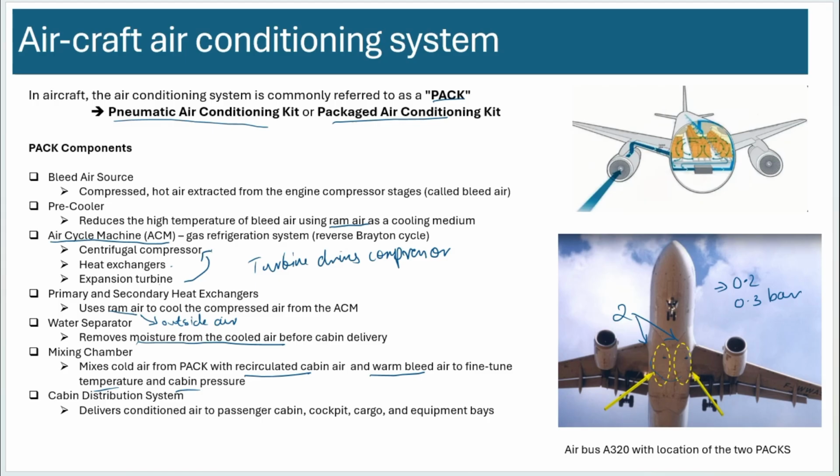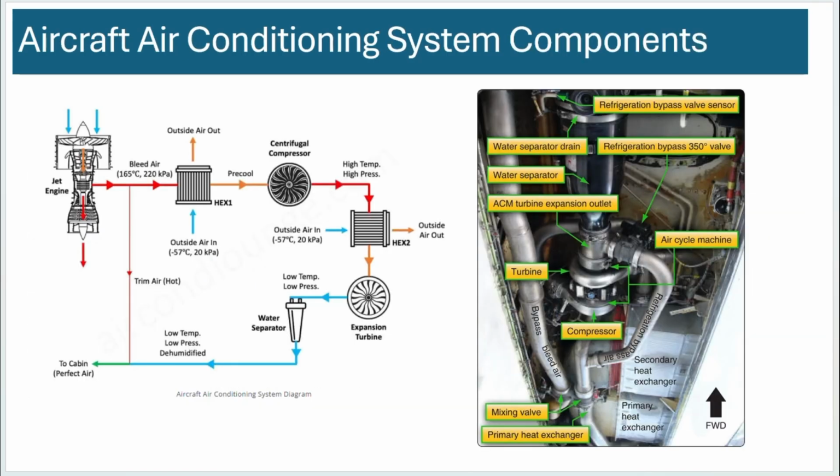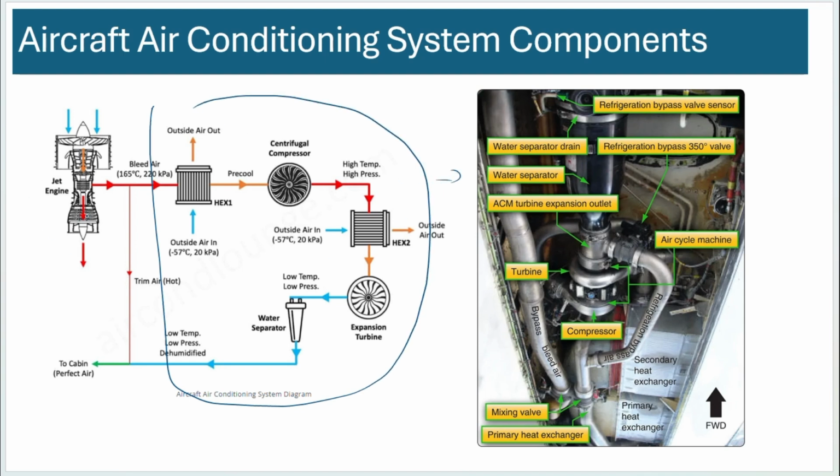Now let's look at the pack system a little bit more in detail. So this is an image of the aircraft air conditioning system. What are the components here? Basically everything on this side is the pack system that I'm showing here. This is the engine of the aircraft, the jet engine.